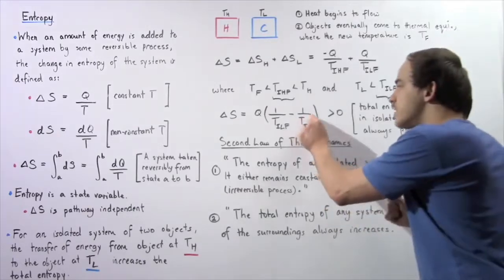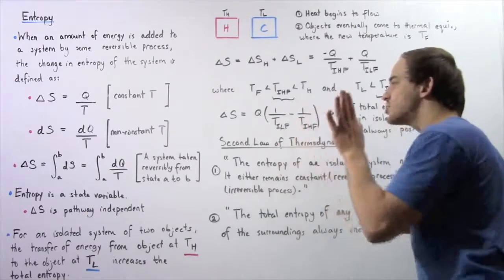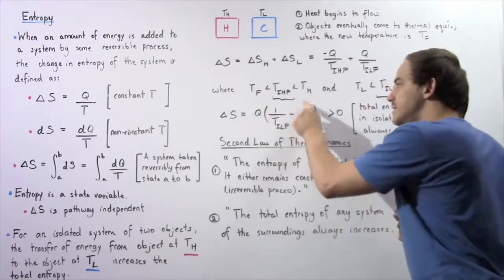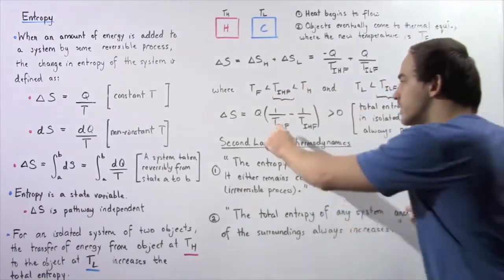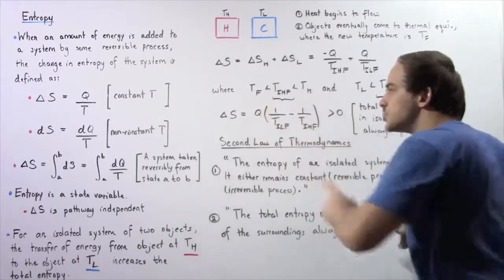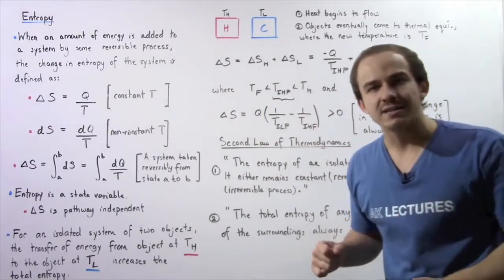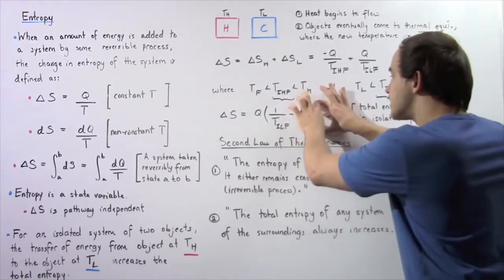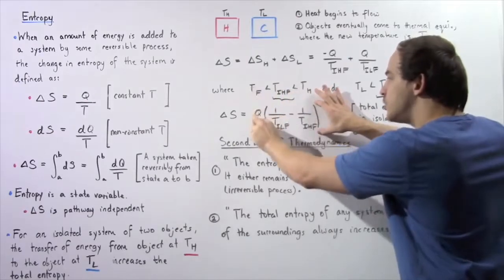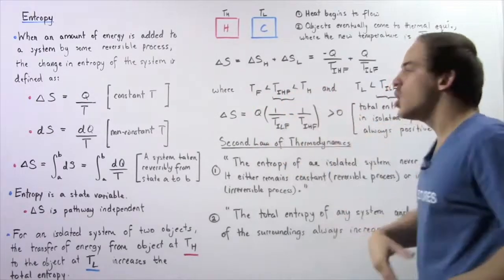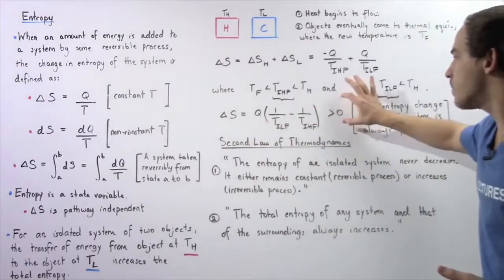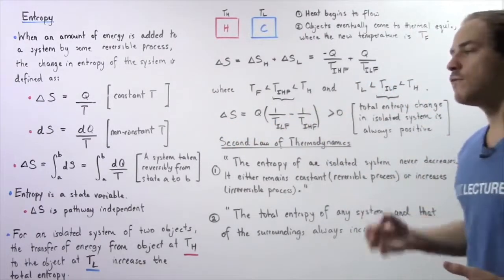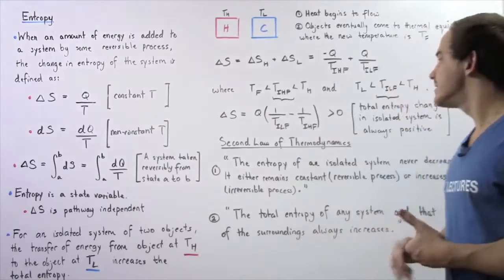Now notice, this denominator is greater than this one. That means this fraction will be less than this fraction. So the difference of these two fractions will always be positive. Because this difference is positive, Q multiplied by a positive will always be positive, and we see delta S must always be positive for an isolated system.